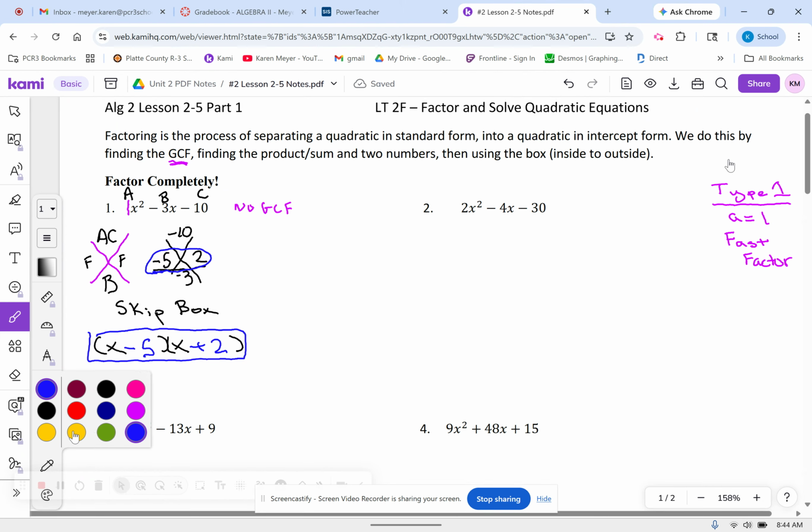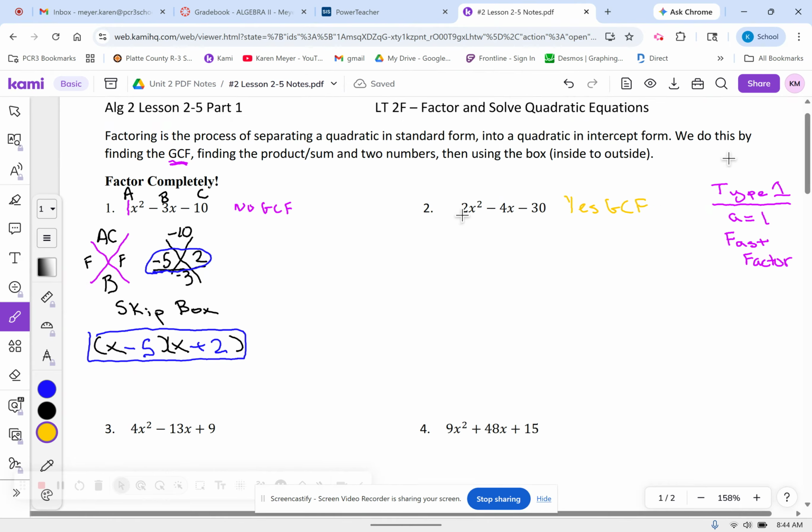Okay, the next problem. Okay, this one, always look for a GCF first. So 2, 4, and 30. Oh, I notice this one does have a GCF. So yes, GCF.